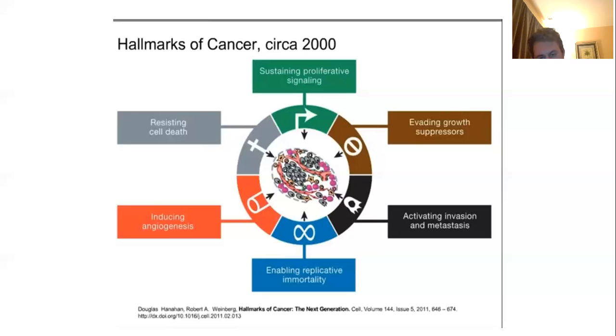So enabling replicative immortality, they become immortal. Normal cells have signals, they respond to them, that stop them from dividing more than the normal limit that's determined by their genetic makeup. But if there's a mutation in those proliferative genes, oncogenes we call them, then they start dividing nonstop, and there's no response to any external stimulus that stops them from dividing and growing, and that leads to cancer.